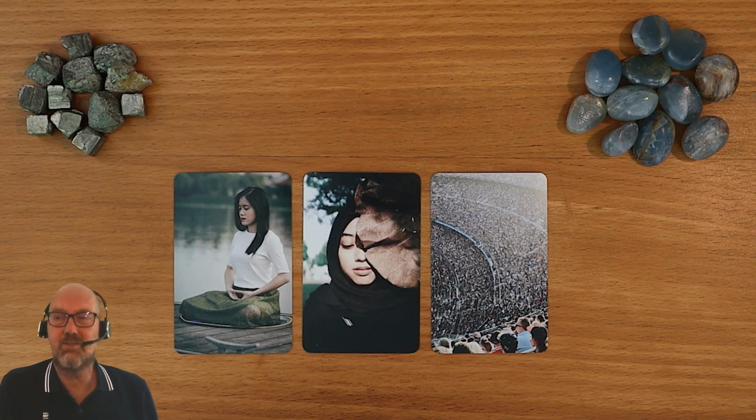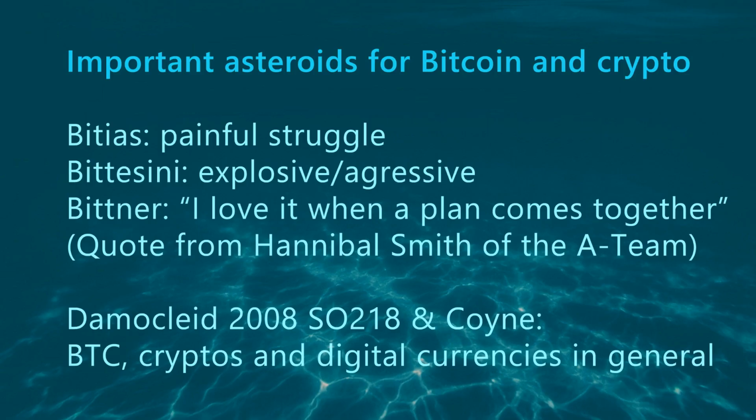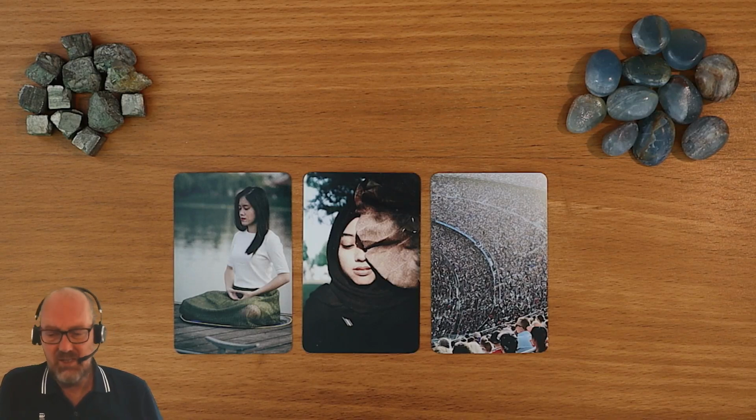It's not a Bitcoin asteroid, it's more like a crypto or digital currency asteroid. It could be about CBDCs and other kinds of stuff. And then there's Coin, which is also general, but I think it is more specifically related to Bitcoin and cryptocurrencies.